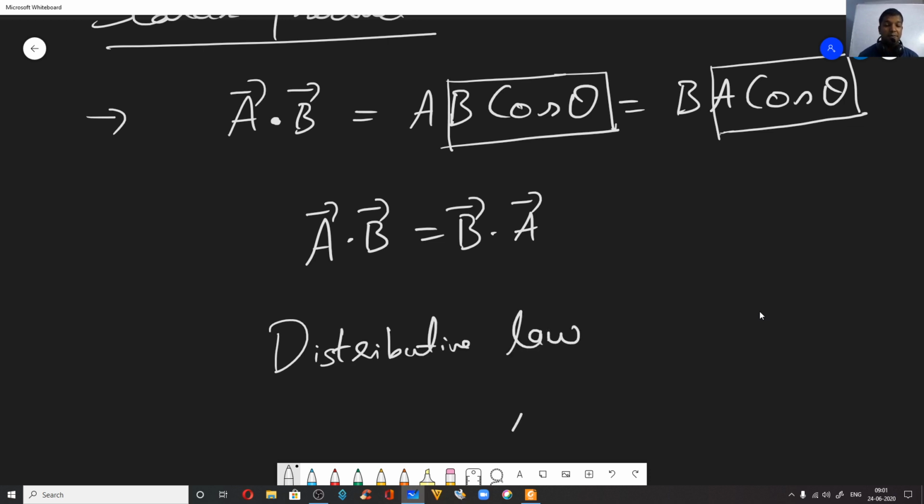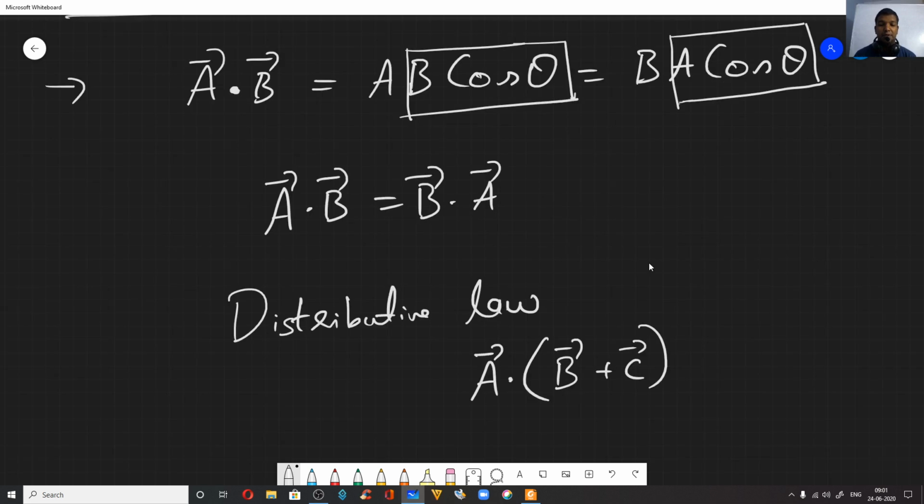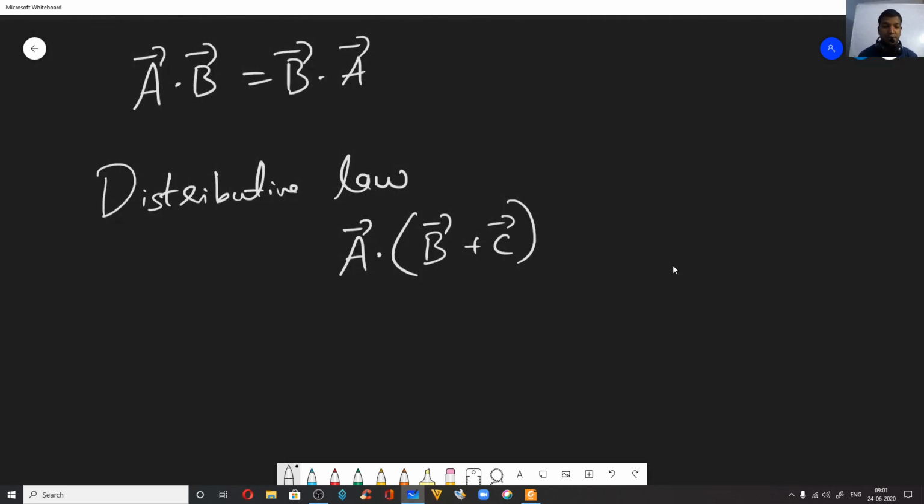For example, say you have a vector a dotted with the resultant of b and c. Usually when you add two vectors, here you have vectors b and c in the brackets, the resultant of b and c will be some vector, correct? Because if you add two vectors, you are expected to get a vector.